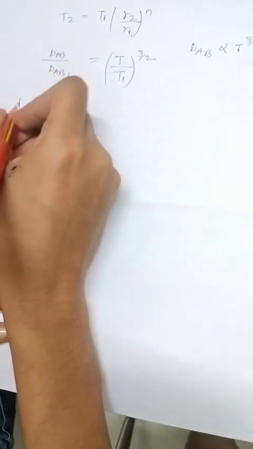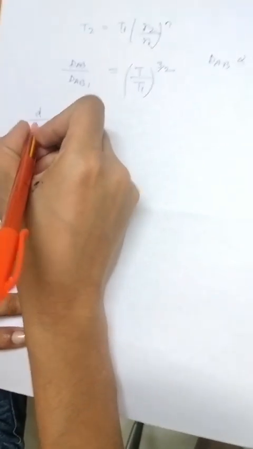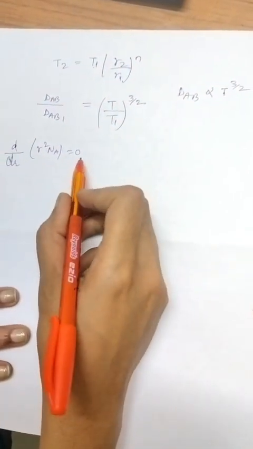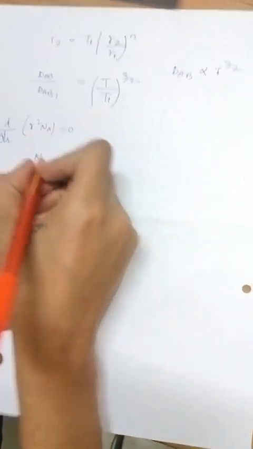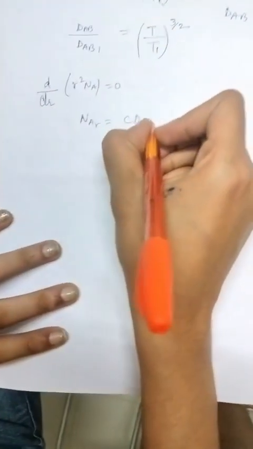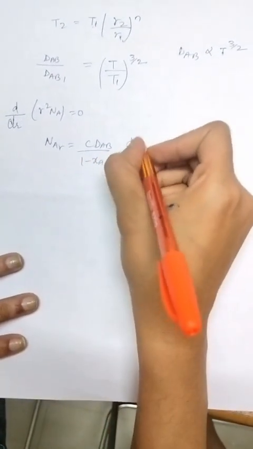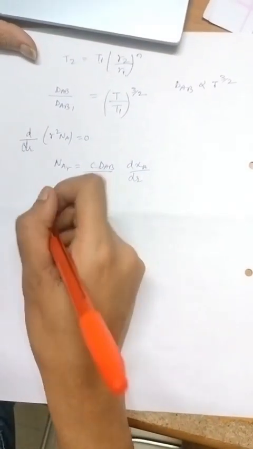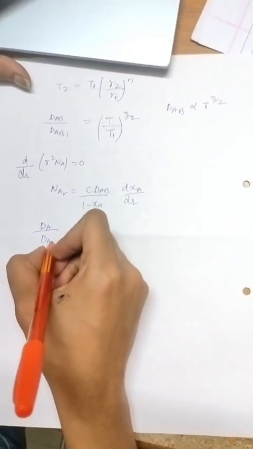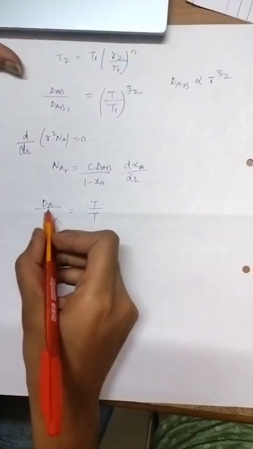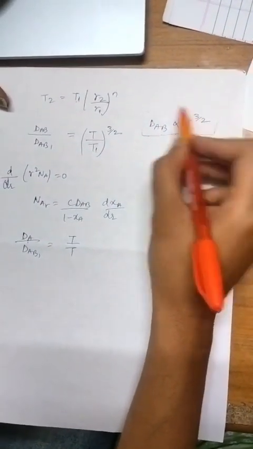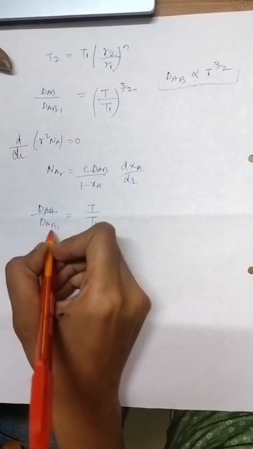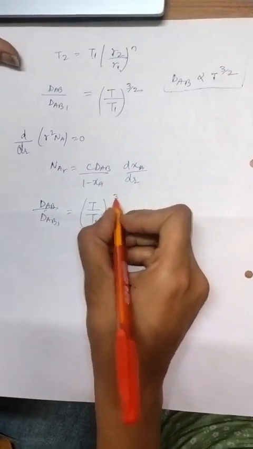Again the same condition applies, that d upon dr of r square NA is constant because the diameter of the liquid droplet is not changing, and NAR is given by CdAB upon 1 minus XA dXA upon dr. Substituting it again, we get DAB upon DAB1. So as we know, the relation of diffusivity and temperature is this. So DAB upon DAB1 is equal to T upon T1 raised to 3 by 2.